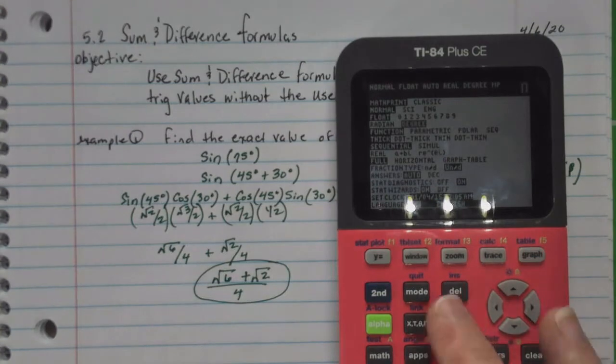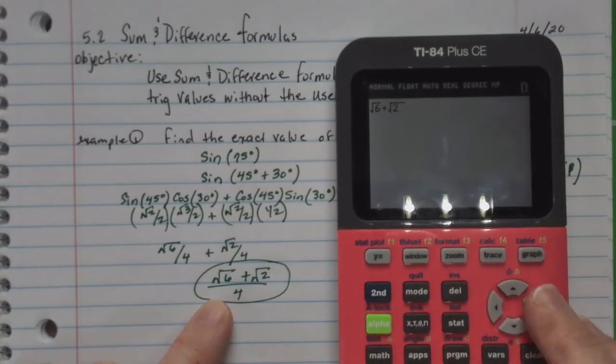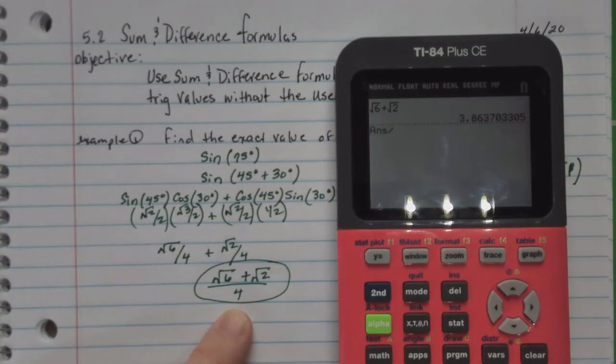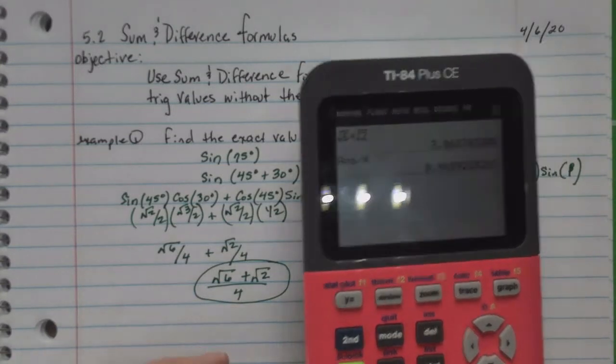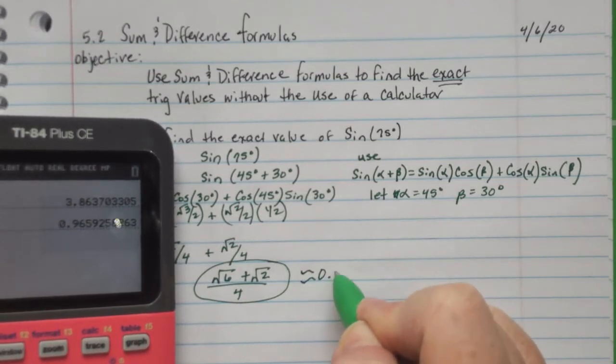And so let's find the decimal approximation of the square root of 6 plus square root of 2. Find that, and then we want to divide by 4. So our decimal approximation is 0.9659, and so on and so forth. I would say you can take it out to about 4 decimal places.